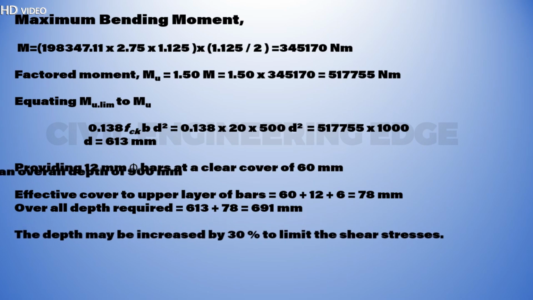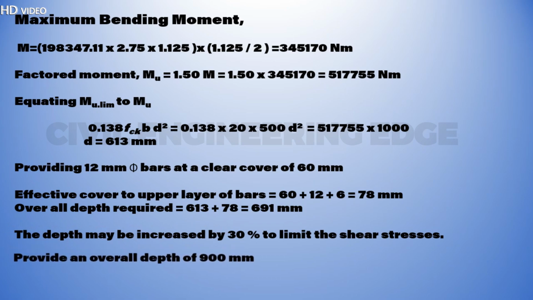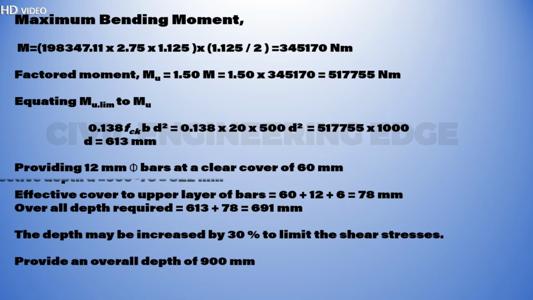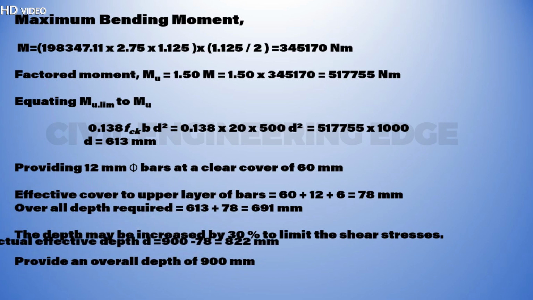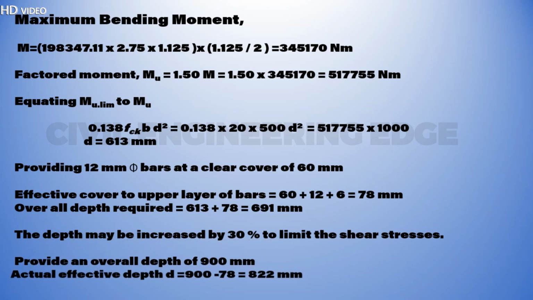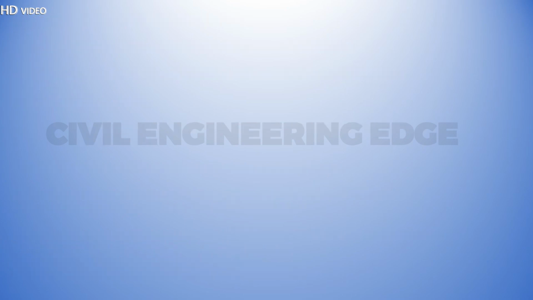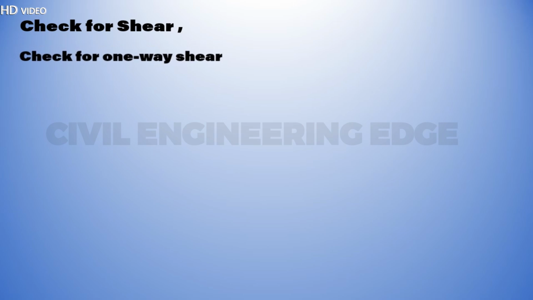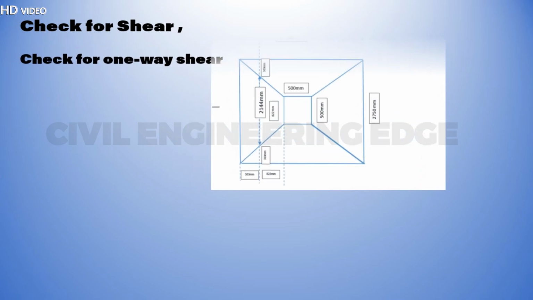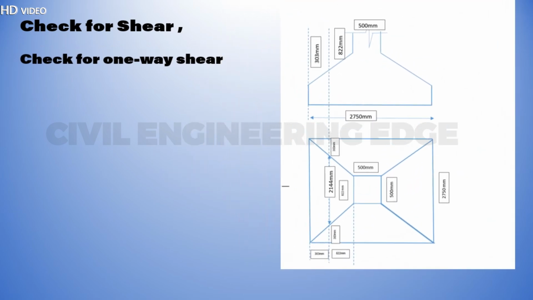Percentage of steel required is 0.47%. Ast = 0.47/100 × 500 × 822 = 1932 square millimeter. Provide 18 bars of 12 millimeter diameter, and similarly 18 bars of 12 millimeter diameter in the other principal direction.